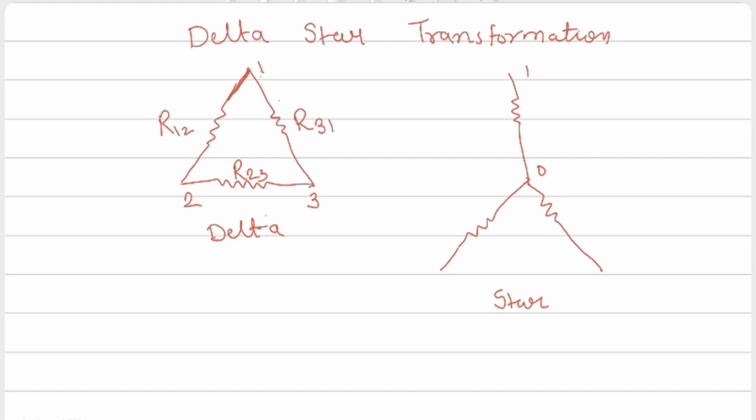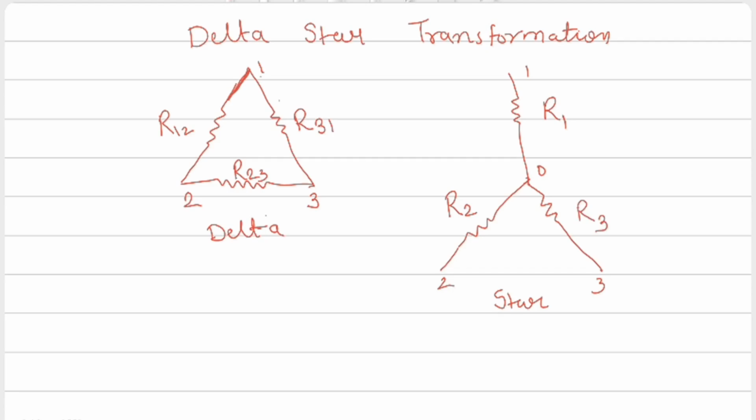Now here the resistance between 0 and 1 is R1, same way between 0 and 2 is R2, and here it is R3.